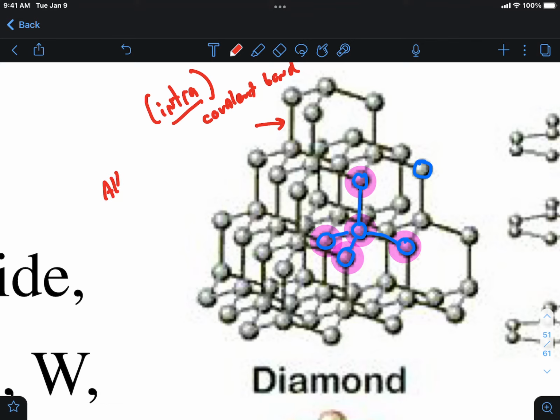So all carbon atoms directly covalently bonded. So that's this. This is the model of diamond.